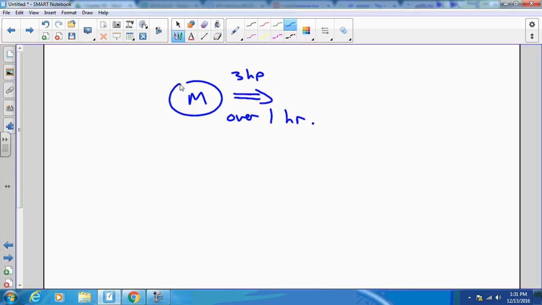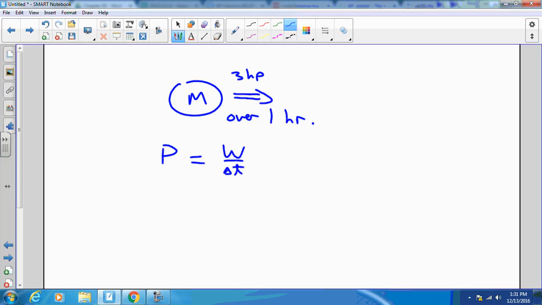And at the end of it, we ask how much work did that motor do? So there will be continual work being done as the motor runs. And the horsepower measures the rate at which that work is delivered.